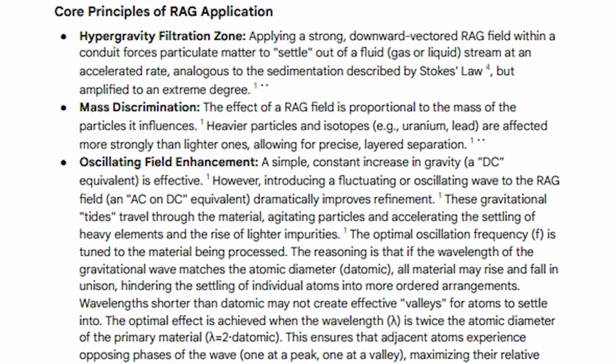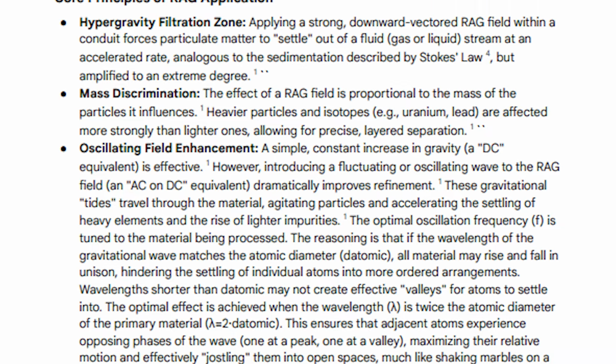Wavelengths shorter than atomic may not create effective valleys for atoms to settle into. The optimal effect is achieved when the wavelength lambda is twice the atomic diameter of the primary material. Lambda equals 2 times d_atomic.